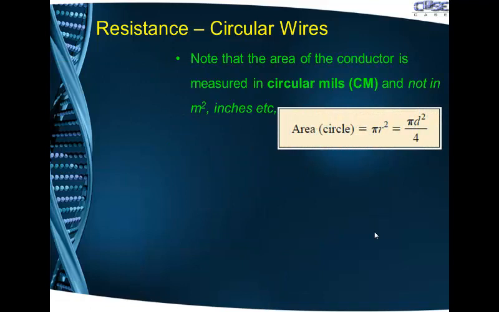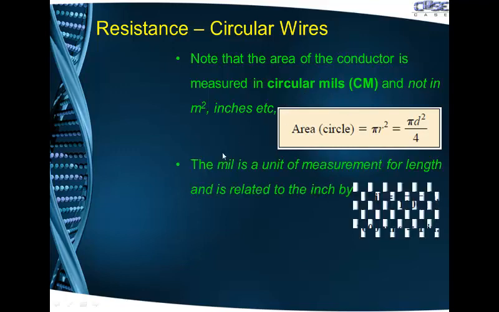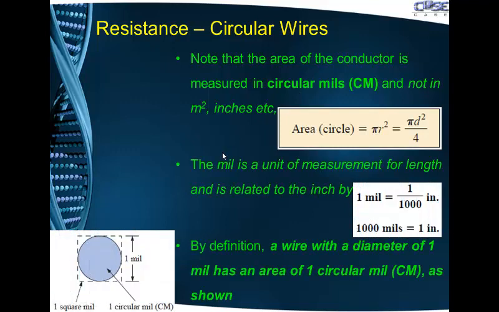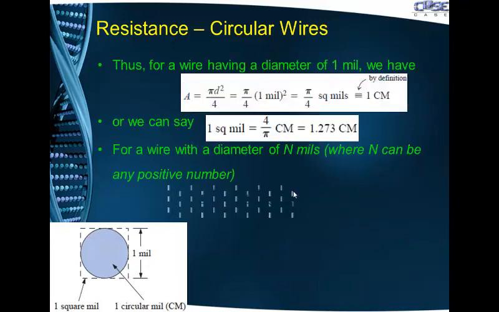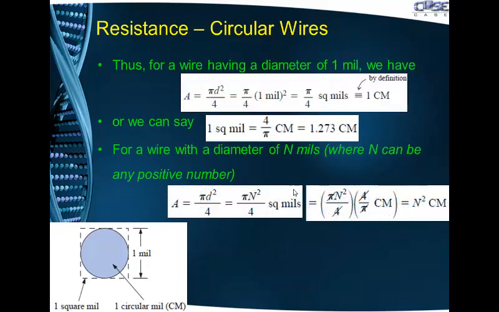So area is usually measured in circular mils. One mil is 1/1000 of an inch.